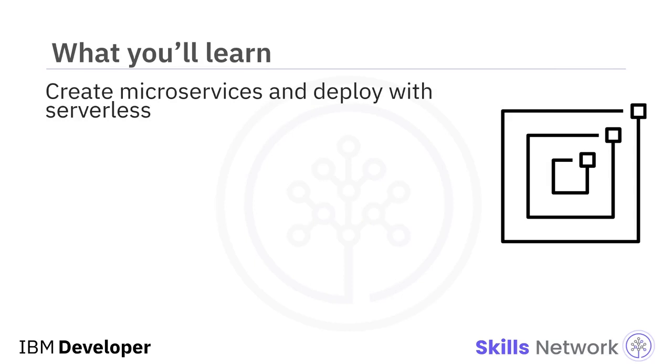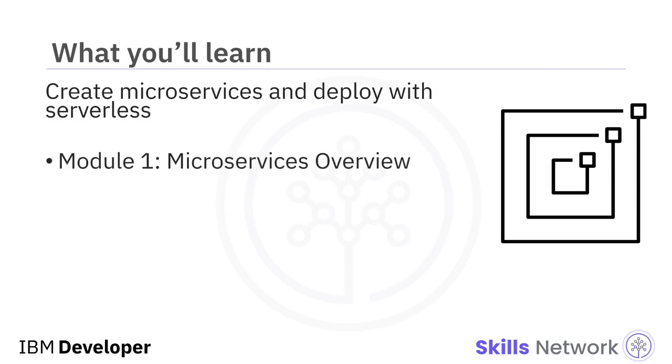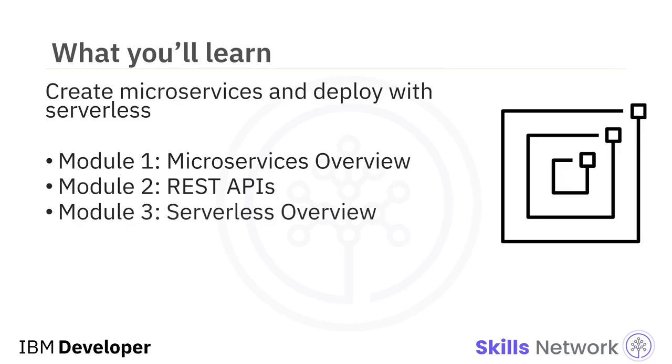To do so, you will, first, get an overview of microservices in Module 1 and understand their benefits. Next, in Module 2, you will learn how to create RESTful APIs, which are the basic building blocks for microservices-based applications. Then, in Module 3, you will understand the benefits of the serverless framework and learn about the various serverless platforms.